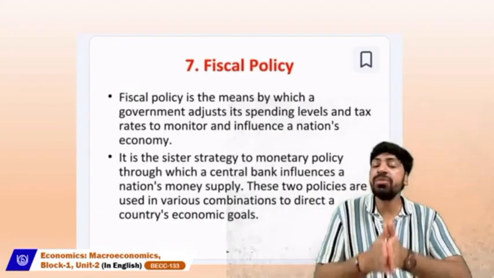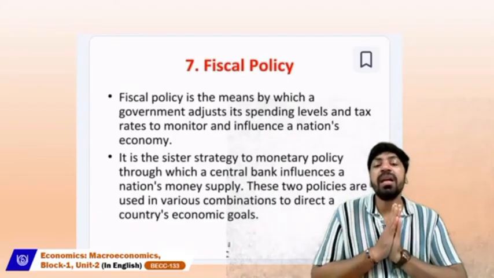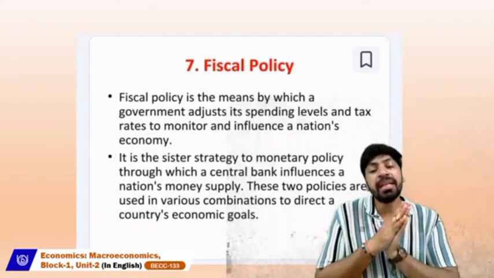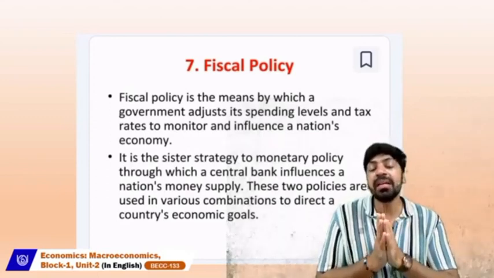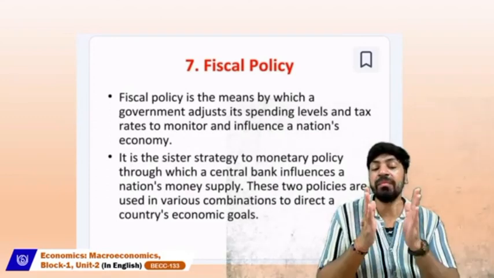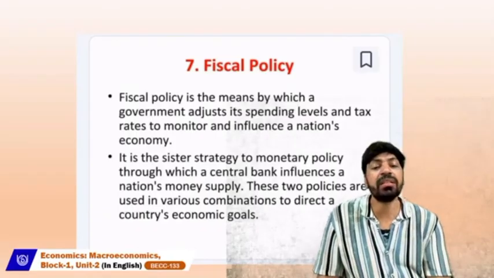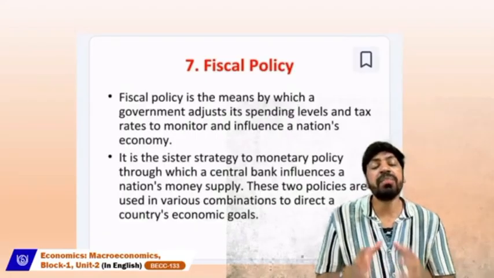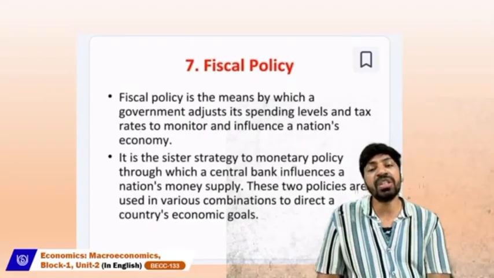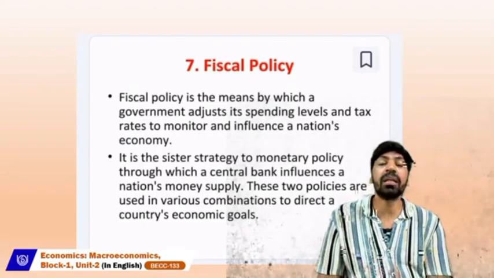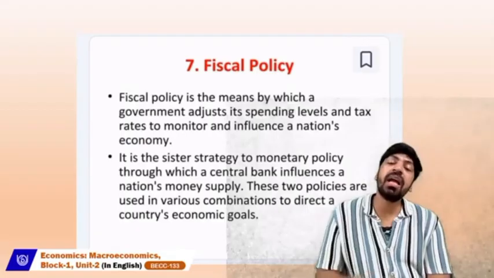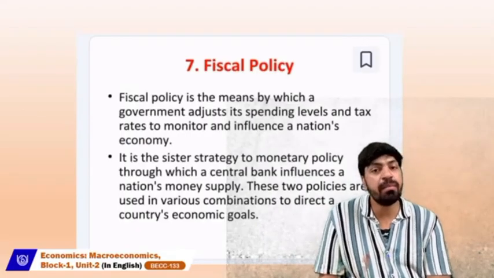And of course, these two policies, when economists and policy makers combine them, monetary and fiscal, are used to direct and achieve the country's economic goals. That is the ultimate goal of fiscal policy.